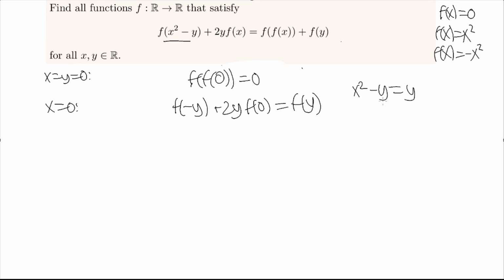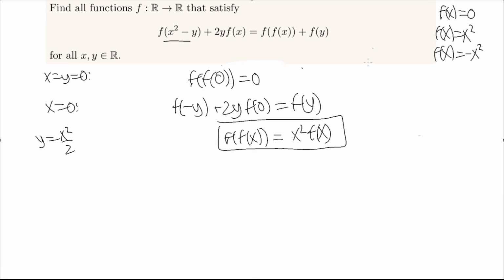Then when we solve, we get y equals x squared over 2. So let's go ahead and plug this in. By our construction, these two terms cancel out, and that's because that's how we engineered y. And what's left is f of x is equal to x squared f of x.